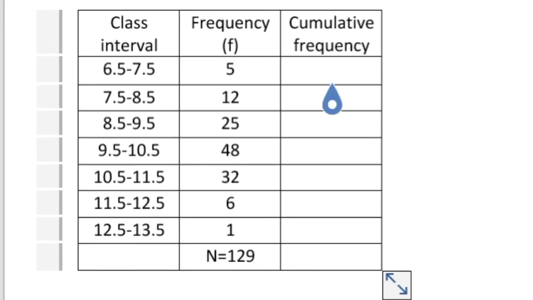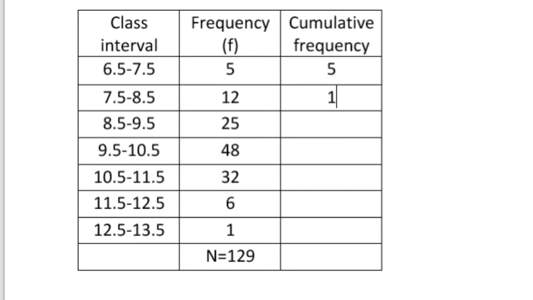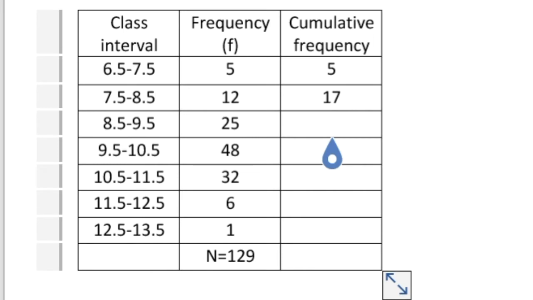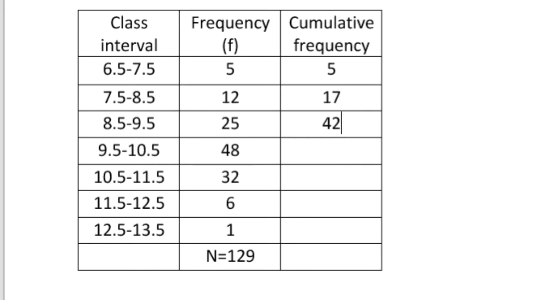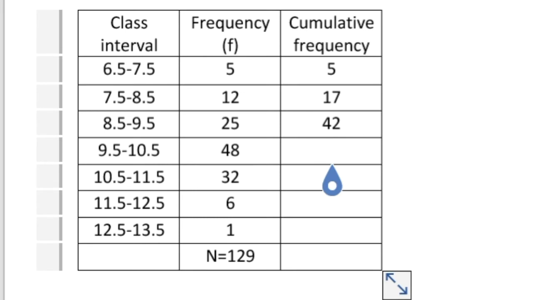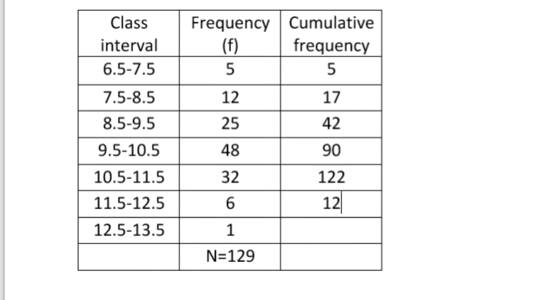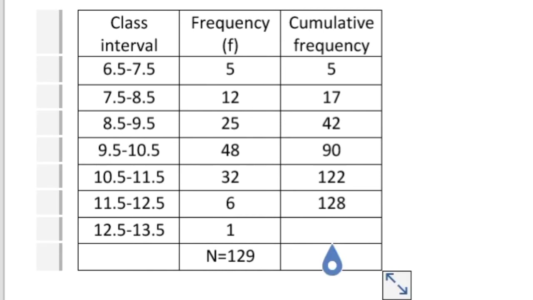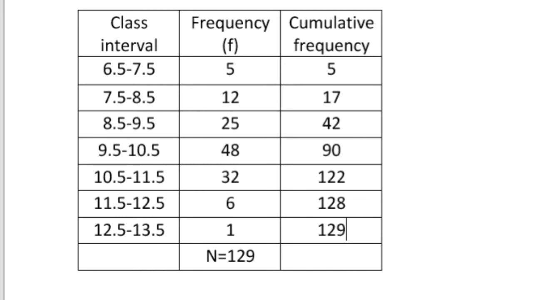Now we will find the median value. To find the median value, we will find the cumulative frequency column. First value equal to 5, next value 5 plus 12 equal to 17, 17 plus 25 equal to 42, 42 plus 48, 90, 90 plus 32, 122, 122 plus 6, 128, 128 plus 1 equal to 129.